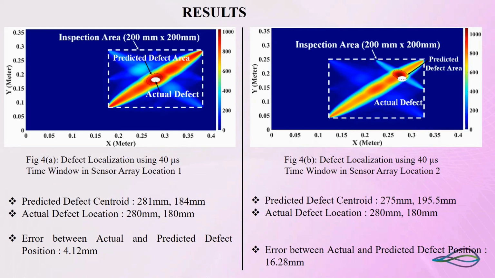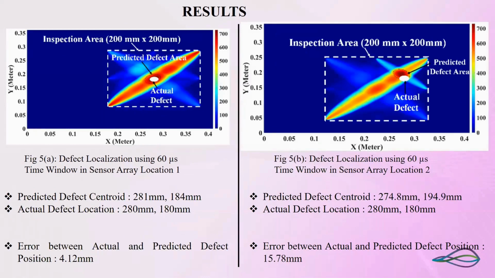Figure 4b depicts the damage in non-line of sight positions. The error between the actual and predicted damage is very close. It is around 16.28 mm compared to 16.15 mm for the previous window.